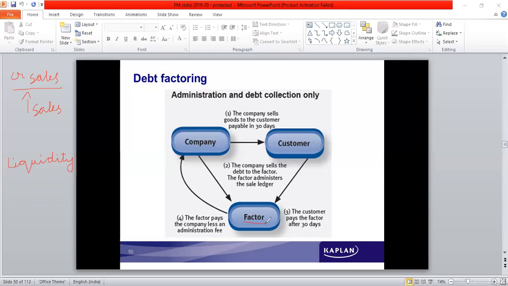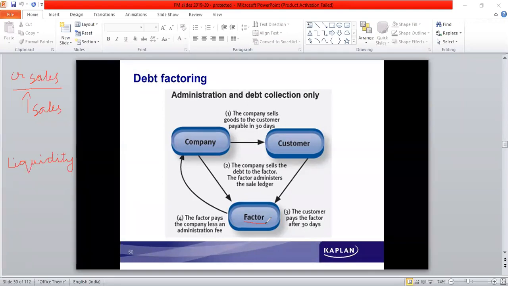And on the due date, whoever has the invoice and presents it to the customer is the one who receives the payment. So on the due date, the factor will present this invoice to the customer, and the customer will pay the amount to the factor. On receiving 100% of the amount from the customer, the balance has to be remitted to the company.